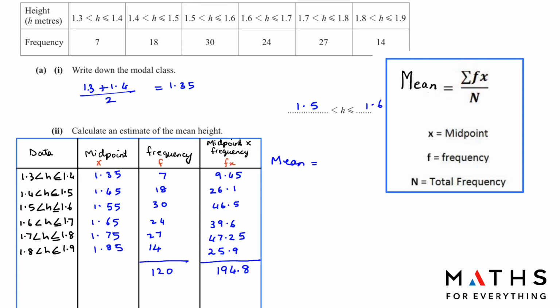The sigma sign means the sum. We found the sum, which is 194.8, and divided by the total frequency, which is 120. And this will give us 1.6233. So we can round it to 2 decimals or 3 significant figures, 1.62.